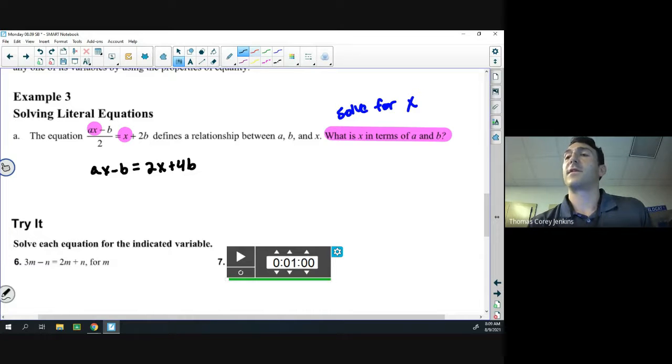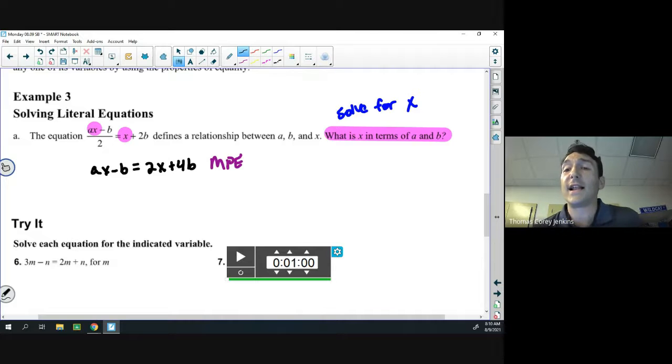So again, what we do there, you don't have to label them here. I'm just going to for the video, but there we use the multiplication property of equality. All right, now let's try to get our b's to one side and our x's to the other.